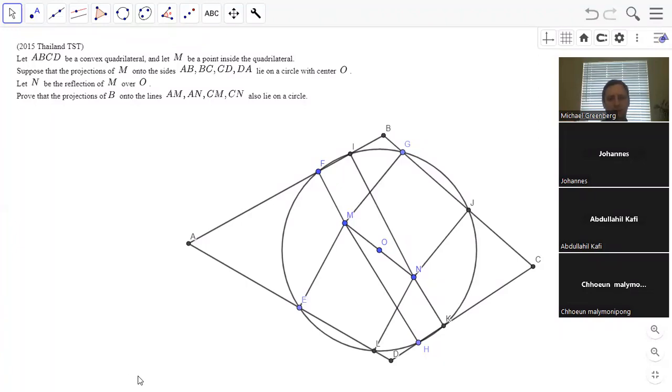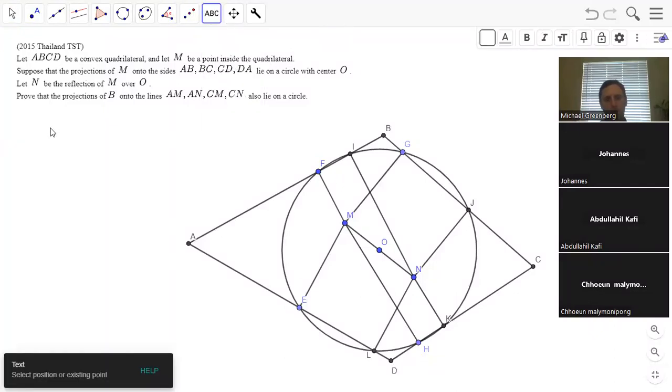Yeah, it's an interesting idea. So I'll start out typing up the beginning of the proof. So it's well known that M and N are isogonal conjugates with respect to ABCD.